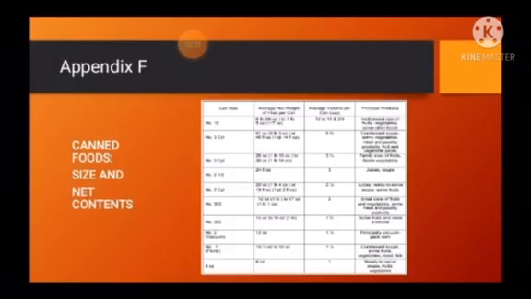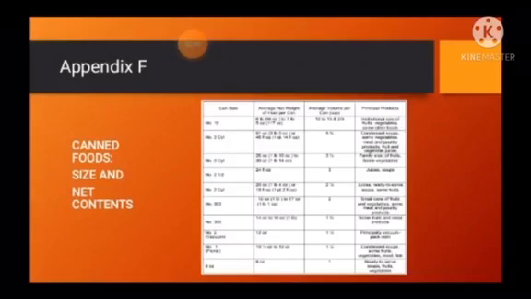Can size number 300: its average net weight of fluid per can is 14 ounces to 16 ounces. The average volume per can is 1 3/4 cups. And principal product is some fruit and meat products.